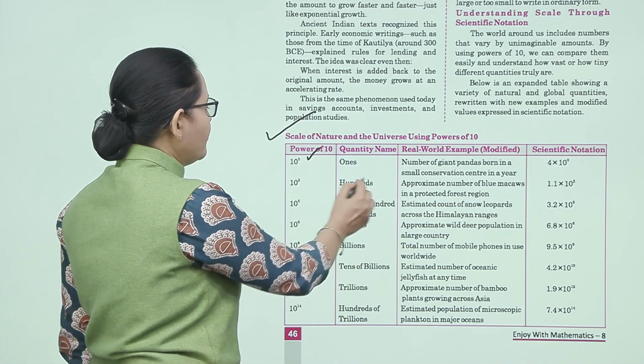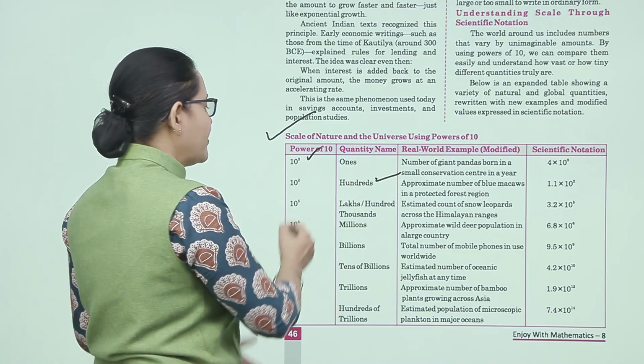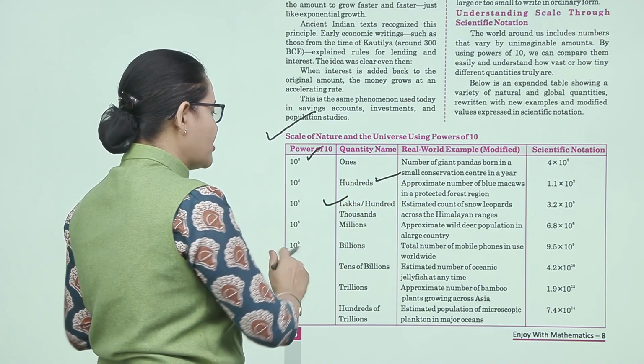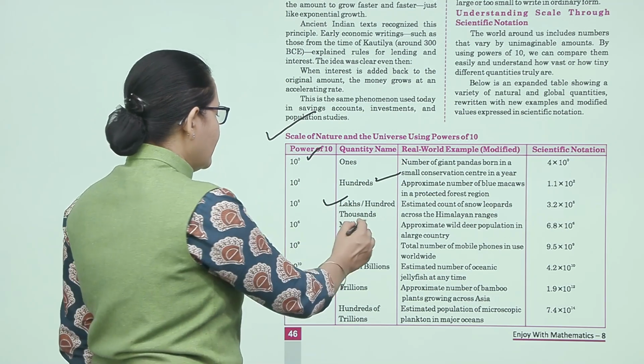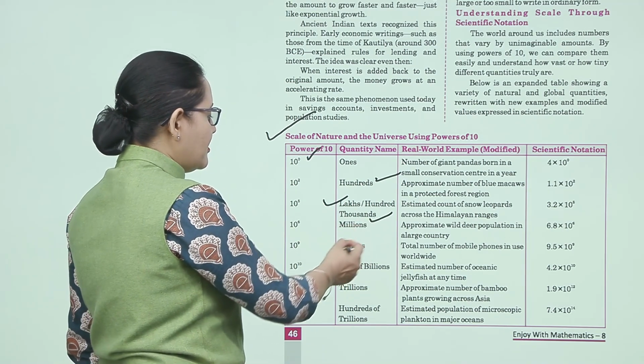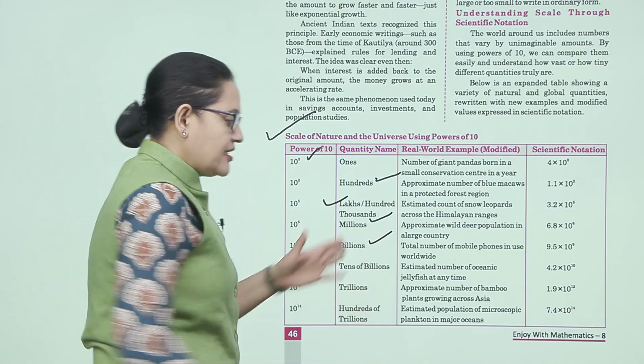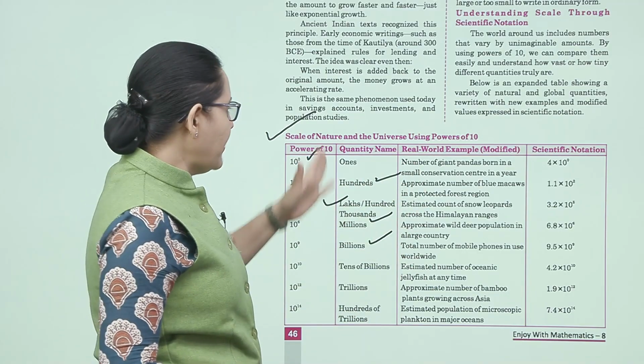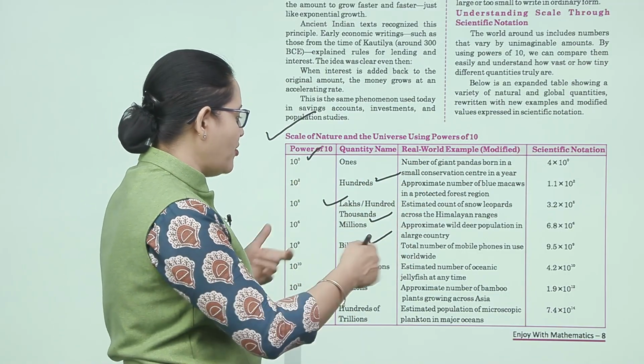Now 10 to the power 2 means hundreds, 10 to the power 5 means lakhs, that is 100,000, 10 to the power 6 means millions, 10 to the power 9 billions, like this. Here the power of 10 is given, you can see how it increases.